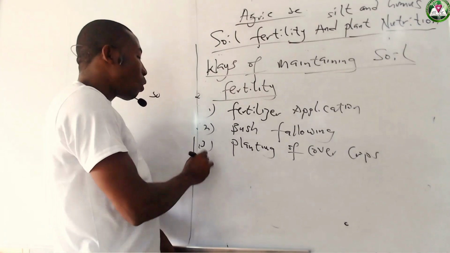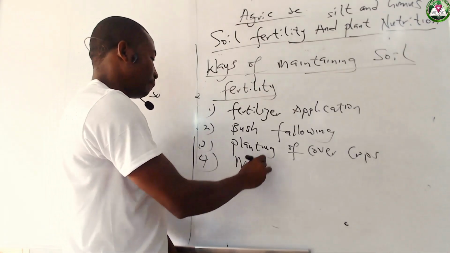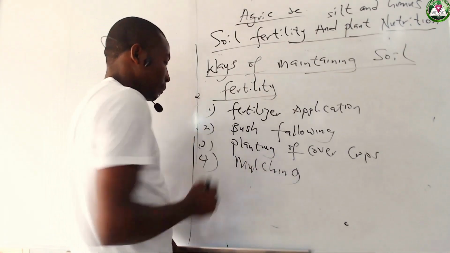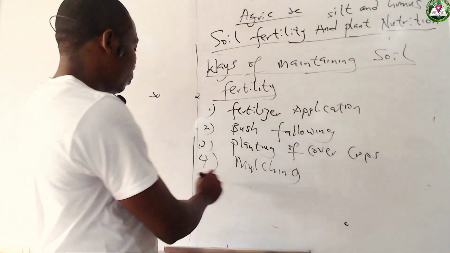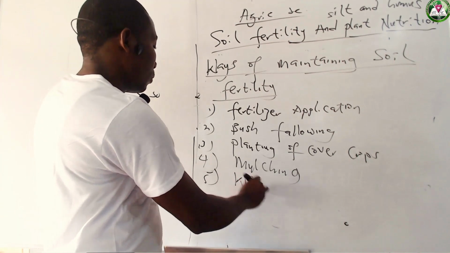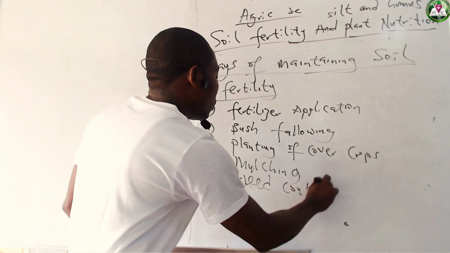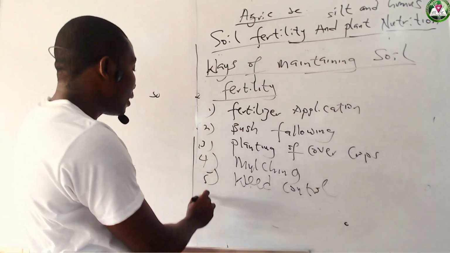Number four is through mulching. And finally, we have weed control. And there's another one, that is crop rotation.